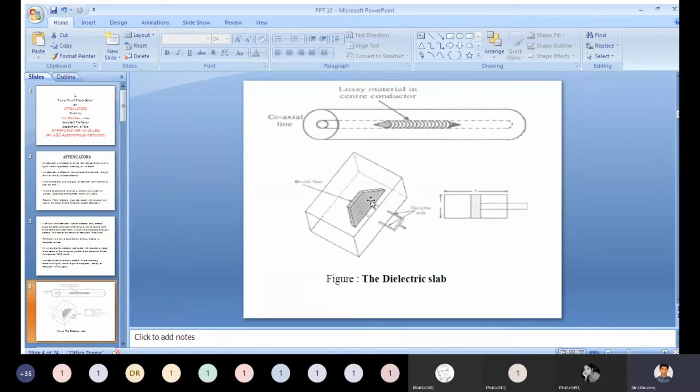The induced current on the lossy material due to the incoming microwave signal results in power dissipation, leading to attenuation of the signal.